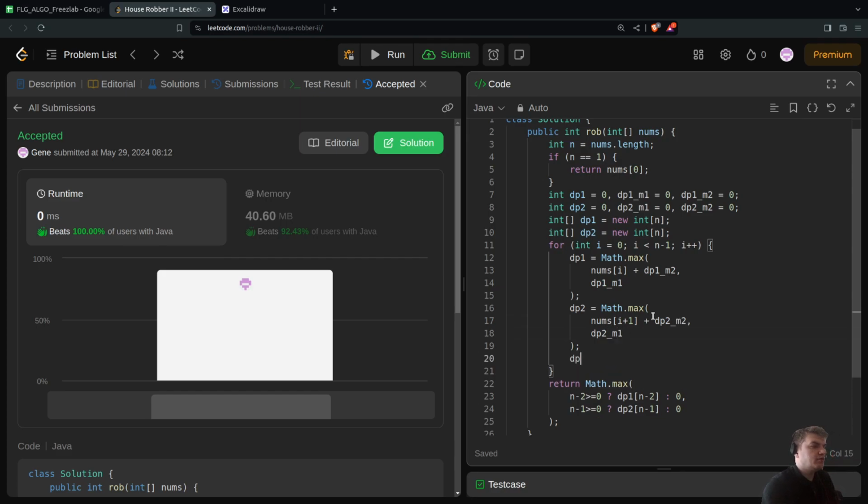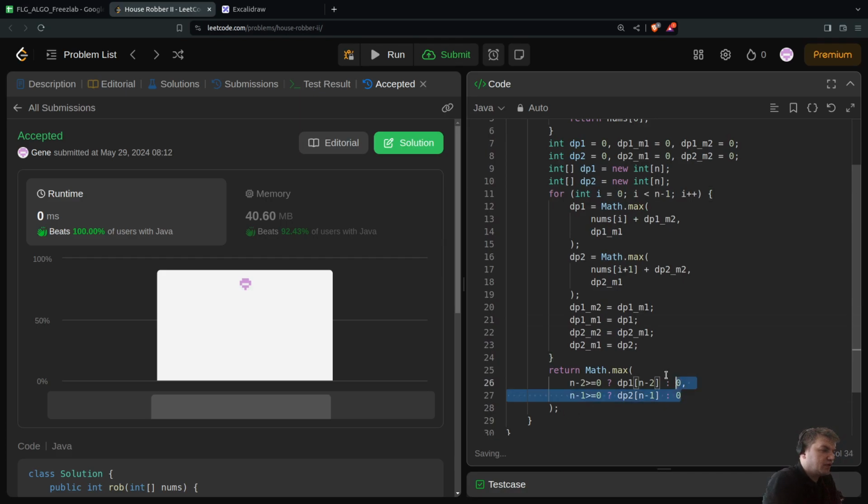And then I'll need to save to move forward. So dp1 minus 2 equals dp1 minus 1, dp1 minus 1 equals dp, and then dp2 minus 2 equals dp2 minus 1, and dp2 minus 1 equals just dp2.